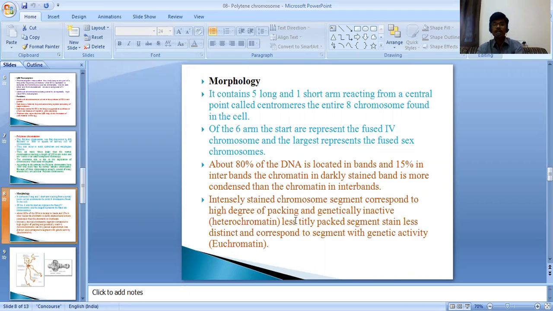About 80% of the DNA is located in the bands and 20% in interbands. Chromatin is darkly stained and is more condensed than the chromatin in interbands.